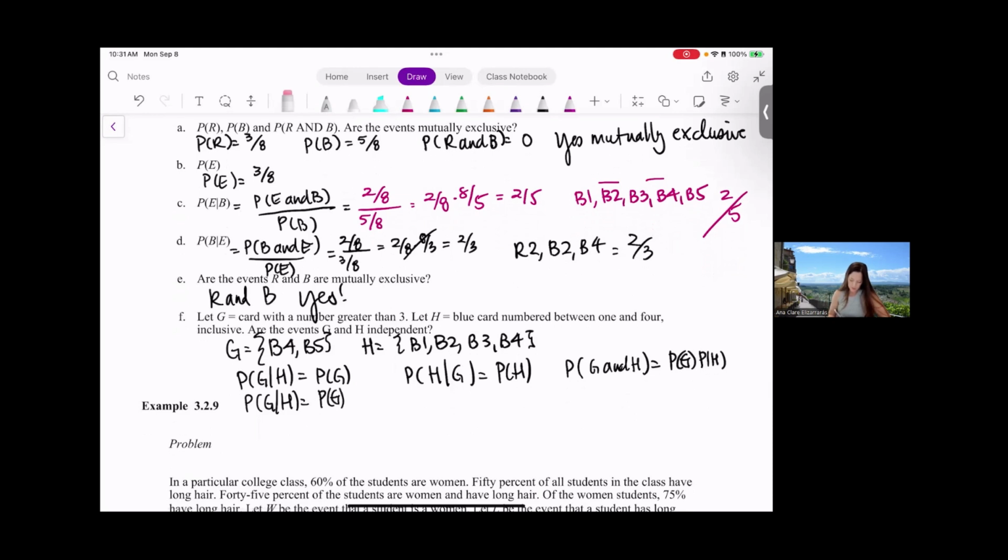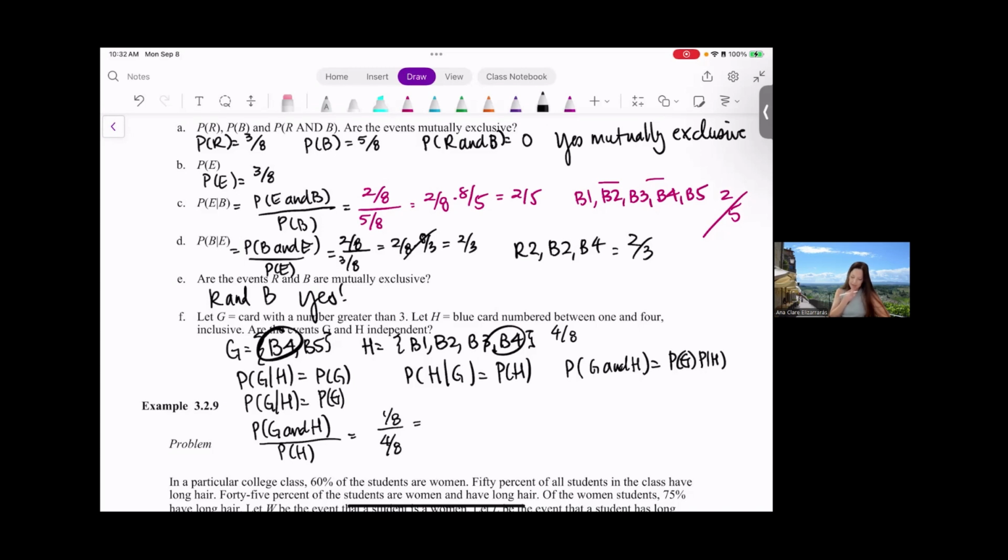G given H, we need to calculate the probability of G and H and divide that by the probability of H. So H has 4 outcomes out of the 8 total. G and H, there's only one of those, B4.